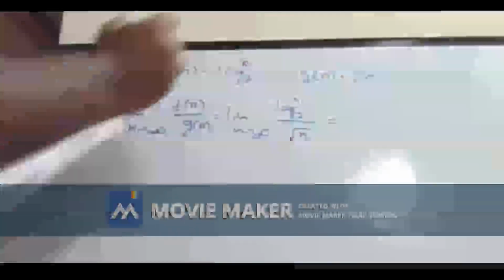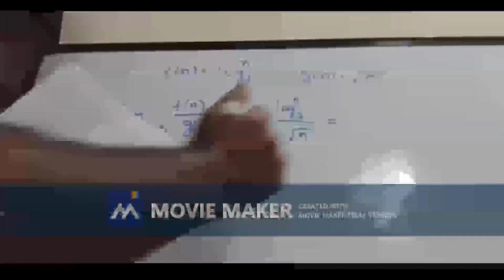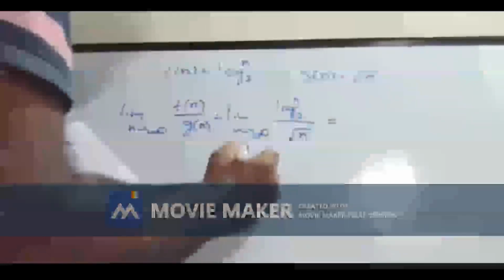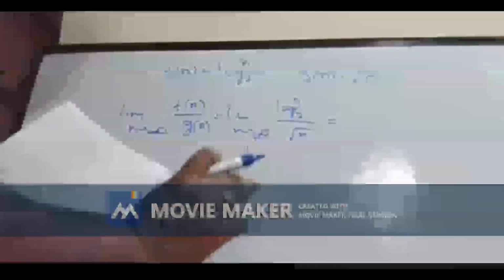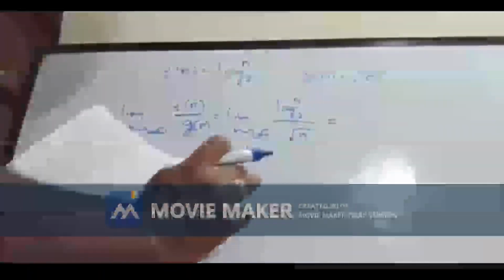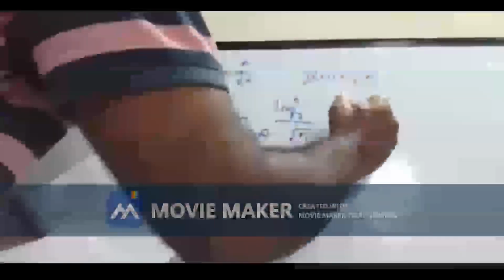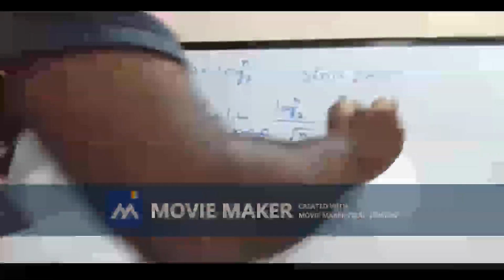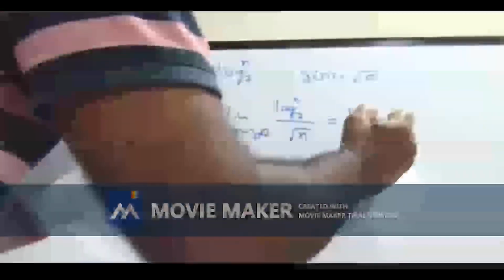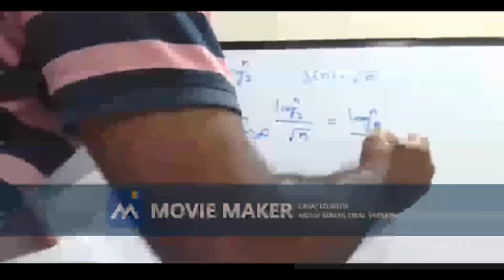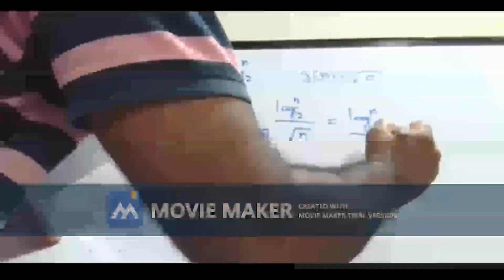Now see, the limit will continue, I don't write it repeatedly. Log n base 2 can be written with base e: log n base e divided by log 2 base e. I think you know the mathematics.